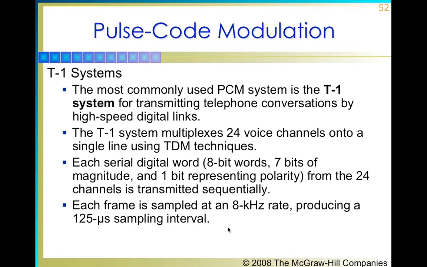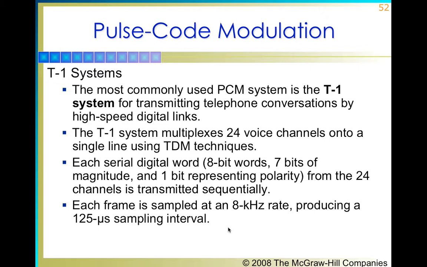Let's suppose we have a voice signal. A voice signal is about 4 kilohertz, and when we transform that signal into digital samples, the sampling rate can be 8 kilohertz, and each digital sample is represented by 8 bits. So 8 kilohertz multiplied by 8 bits per sample means 64 kilobits per second.